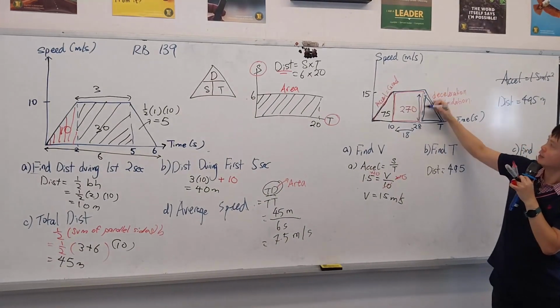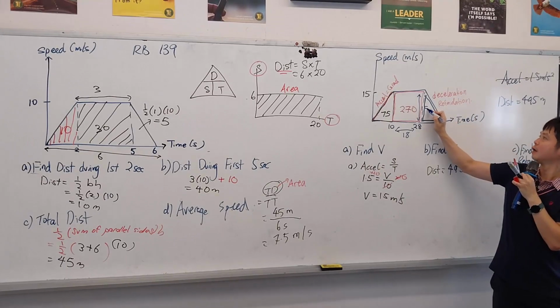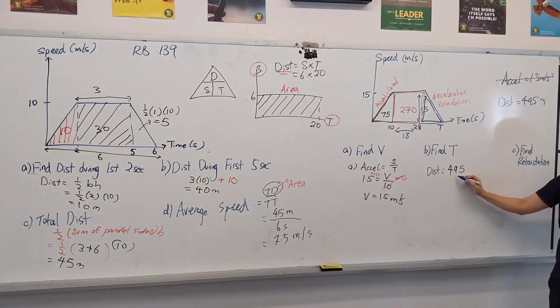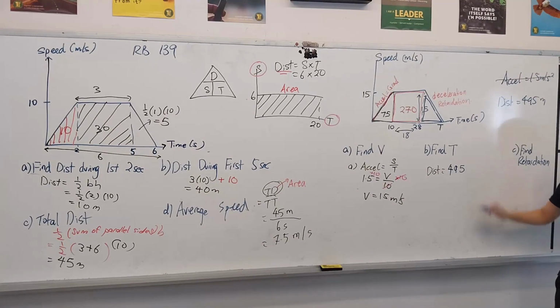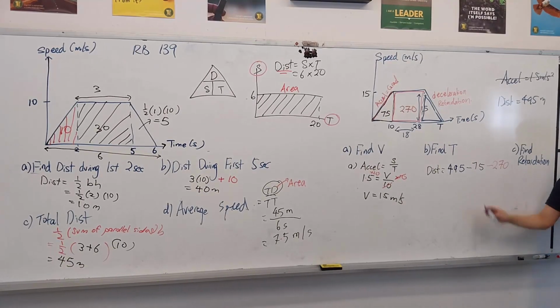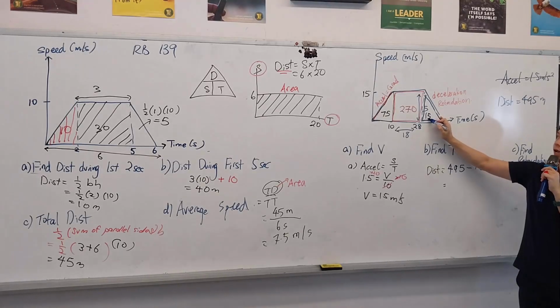This one is 15. So breadth times height. Okay, so 495, you take away 270. And how much are we left with? Come, someone help please. 150.